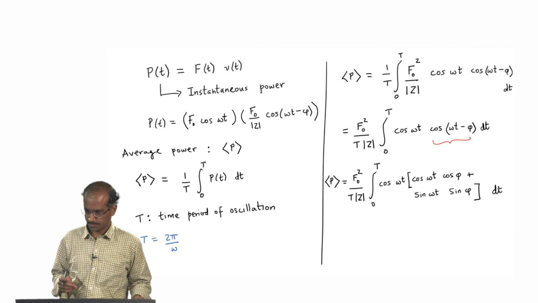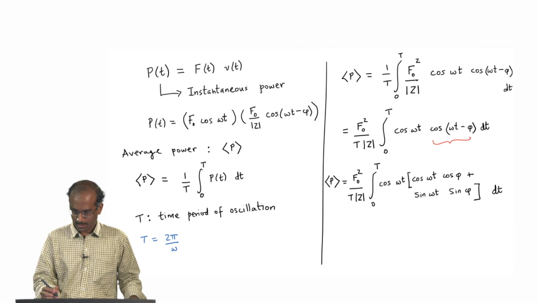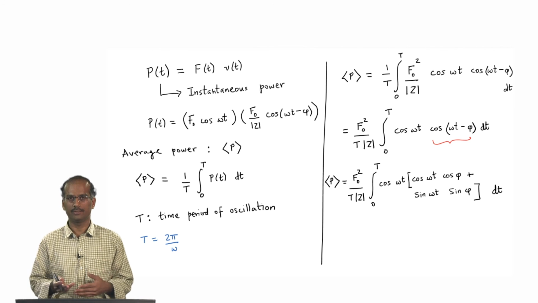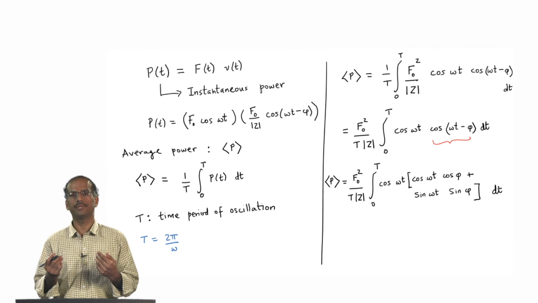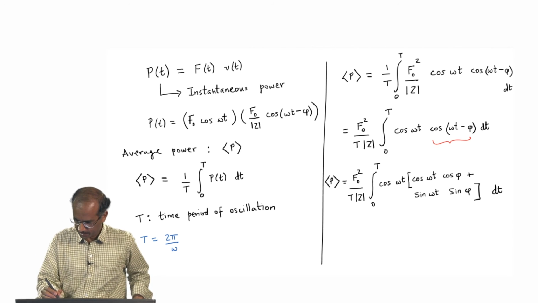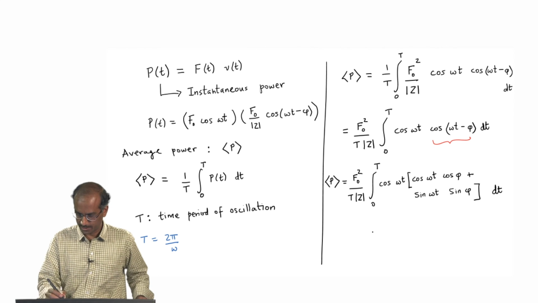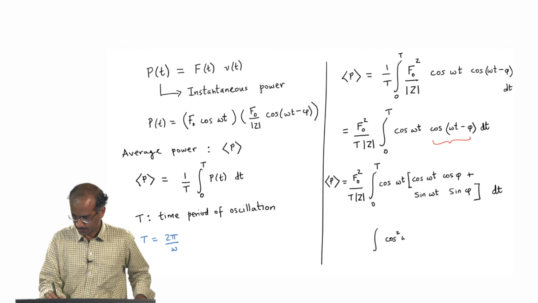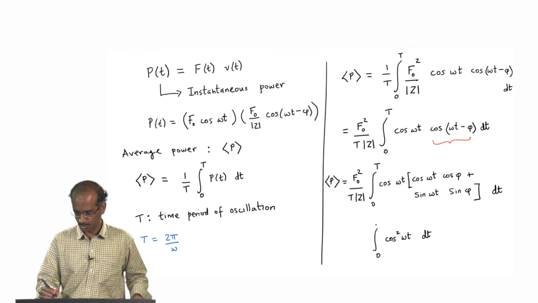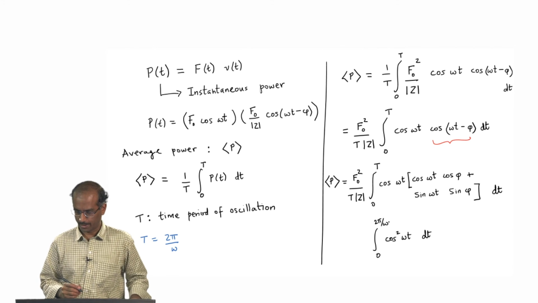So, it is now split into two parts, and the first integral essentially is the integral of cos square omega t dt, and the second one will be the integral of cos omega t sin omega t. So, to do the first integral, you need to be able to do the integral of cos square omega t dt, where the limits go from 0 to capital T, and capital T is 2 pi by omega.